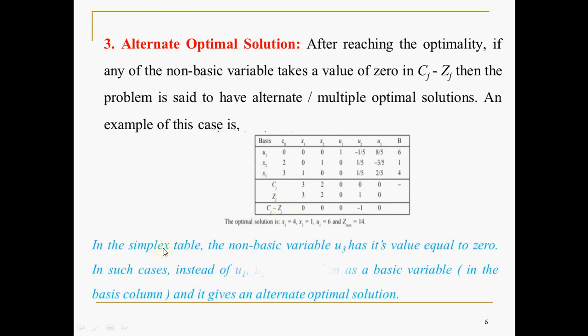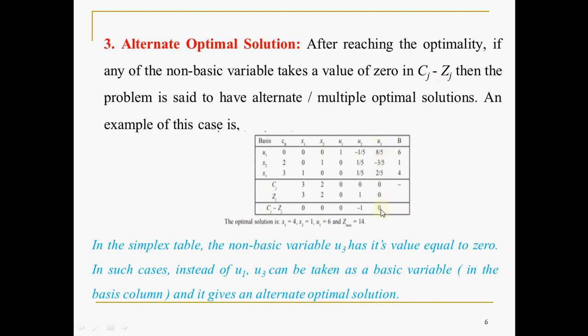In the simplex table, the non-basic variable u3, non-basic variable, not the basic variable. Basic means x1, x2. Non-basic variable means maybe u1, u2, u3, s1, like that. In the above simplex table, the non-basic variable u3 has its value equal to 0. Value means the Cj minus Zj value.